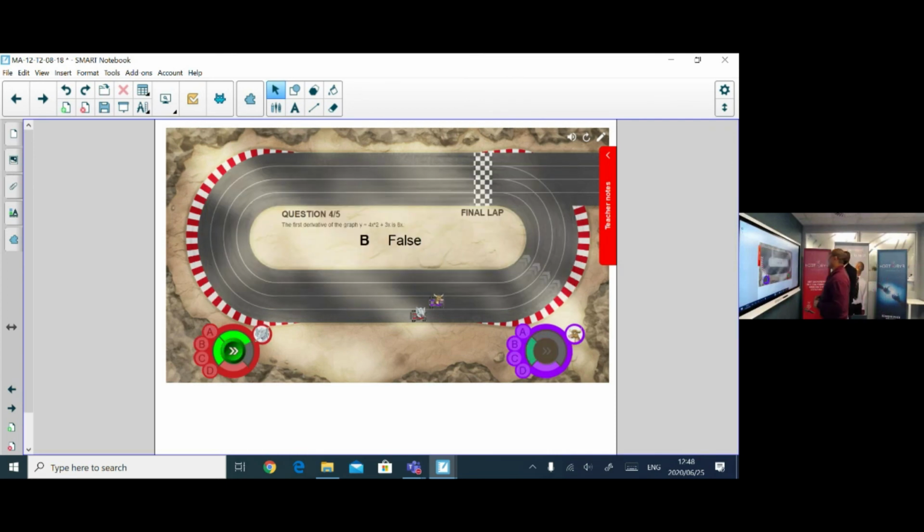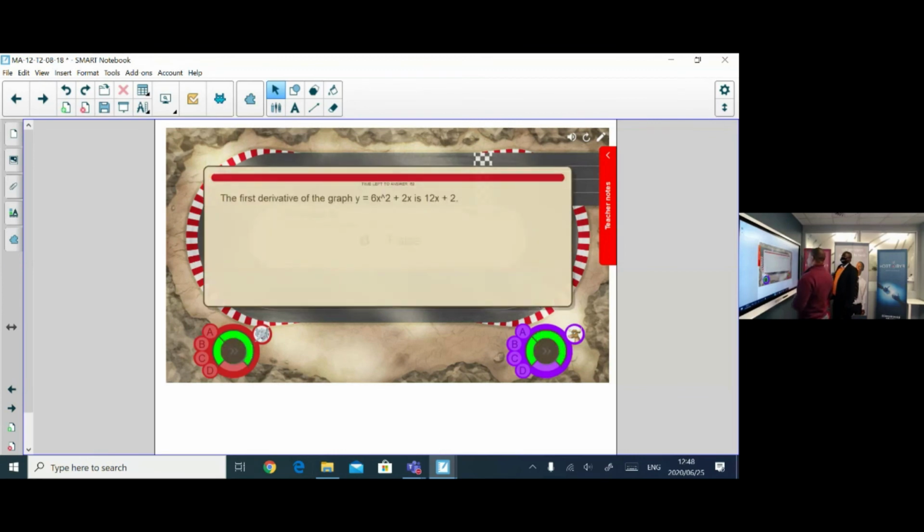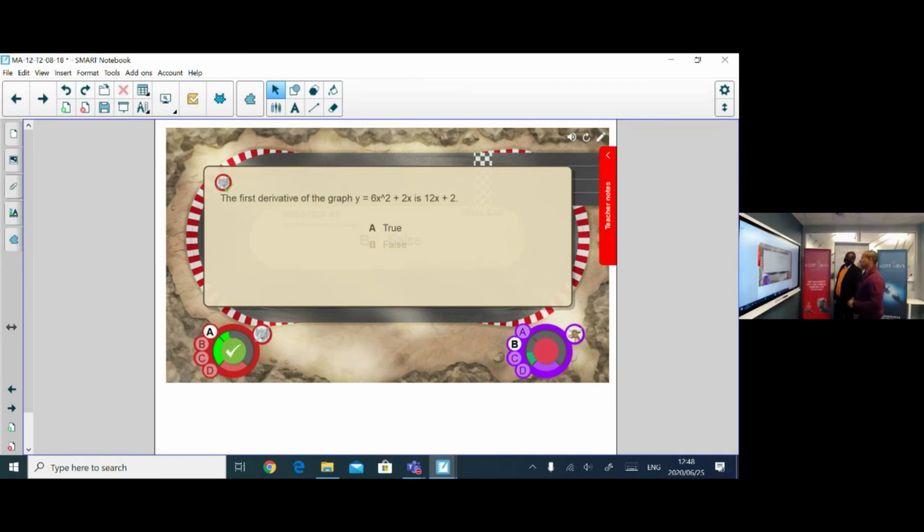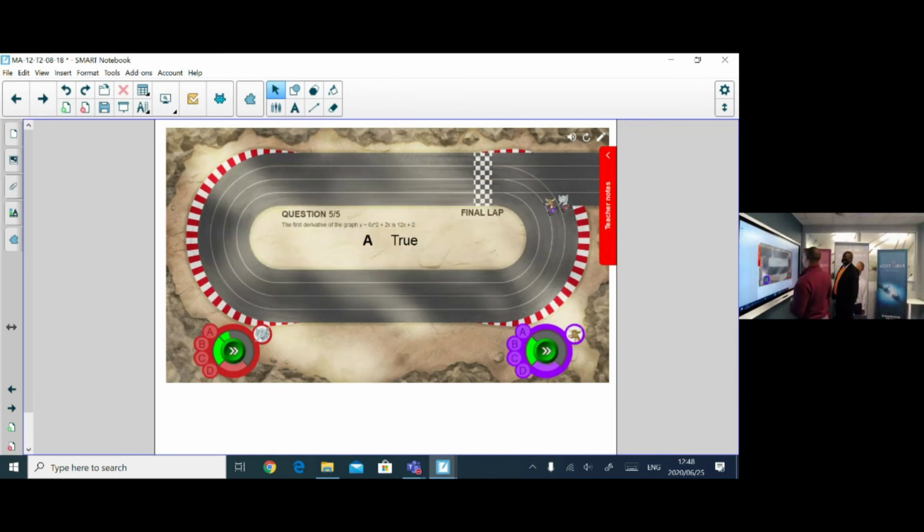It's actually not x, 8x. Okay, the first derivative of that is 12x, so I'll go for B. Well, Freddy has chosen A. Okay. Oh, Freddy got it, so he's getting the gist of the matter by now.